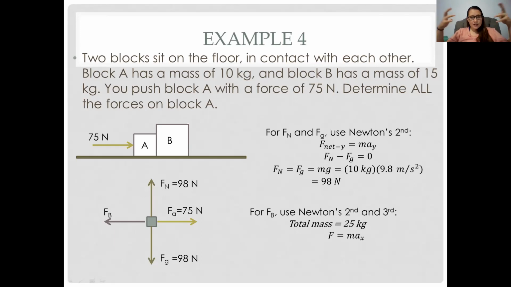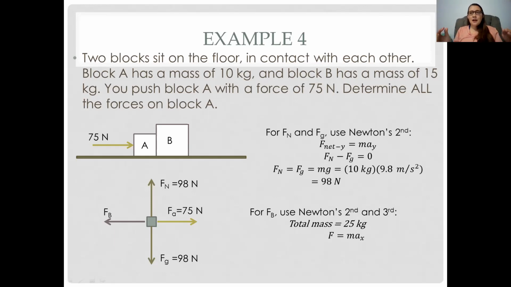If they didn't have the same acceleration, then either block B would go shooting out from block A, or block B would somehow have to let block A phase through it. And neither of those things is very realistic in this scenario. More likely, what will happen is we'll push on block A and it will move both of them at the same time.